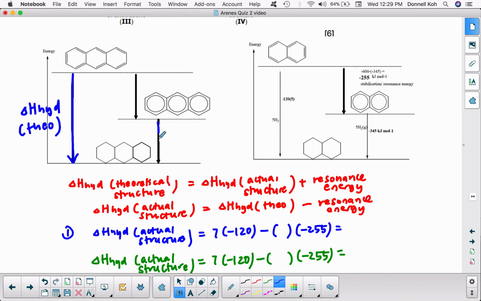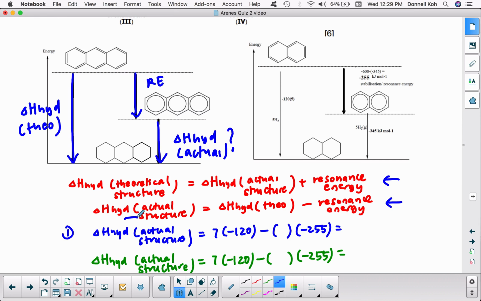This is the enthalpy of hydrogenation of the actual structure. So that's what we're trying to find out. And this is of course the resonance energy. So we can actually create an equation like this. Enthalpy of hydrogenation of theoretical equals hydrogenation of actual plus the resonance energy. So just do a bit of rearrangement, we will get this equation. Enthalpy of hydrogenation of actual structure equals hydrogenation of theoretical minus resonance energy.